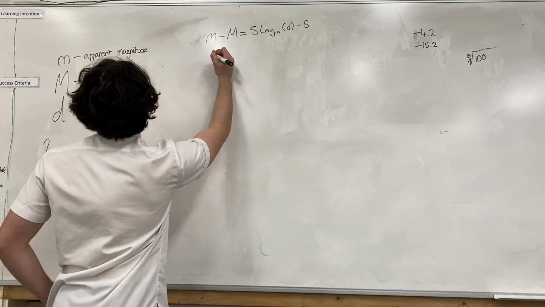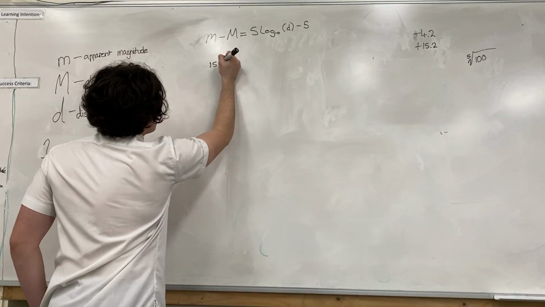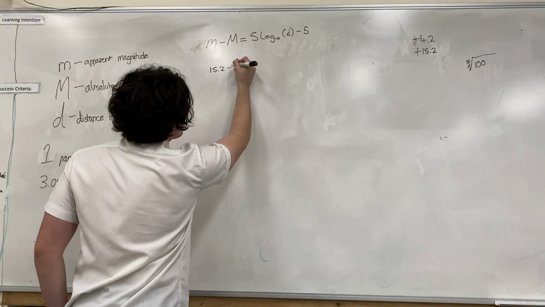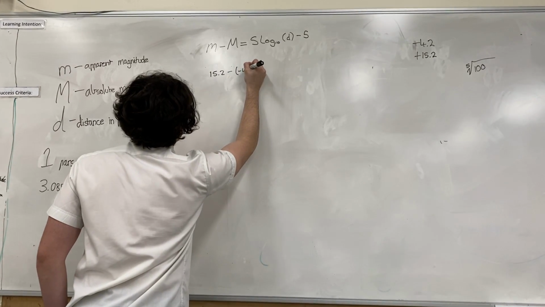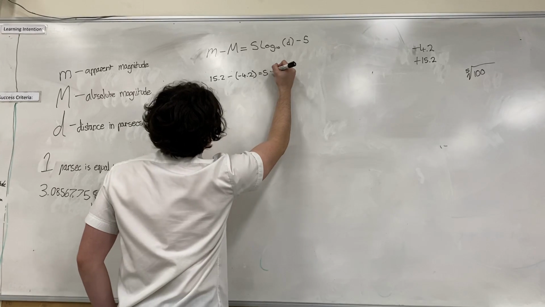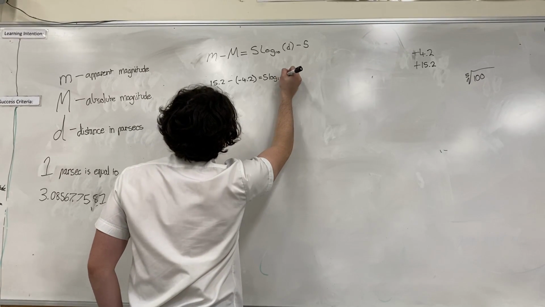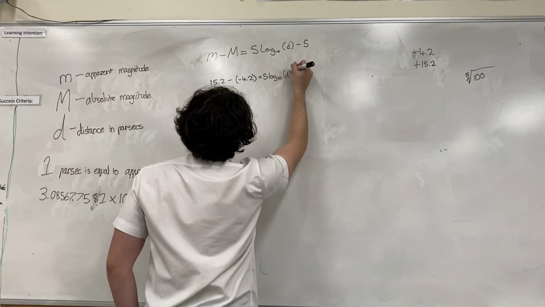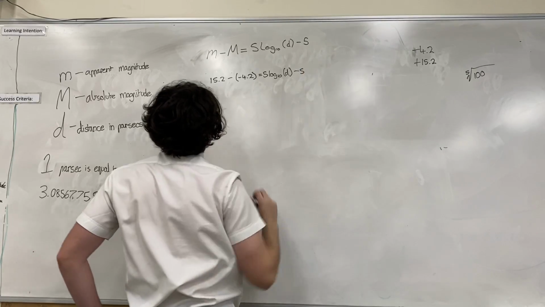So we're going to go 15.2 minus negative 4.2 equals 5 log 10 d minus 5.